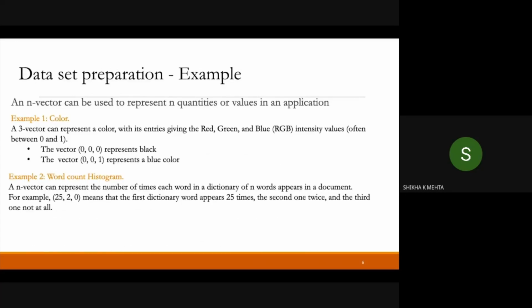If we consider the various applications, like I discussed in the last class, if we have to represent one image, we know the computer does not understand the image as such, it understands the image in the form of pixels. Each pixel is represented using 3 colors. That means we have one vector with 3 dimensions: the first dimension is red, another is green, another is blue.